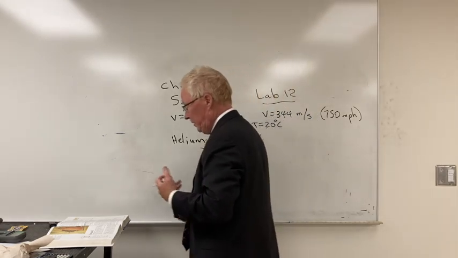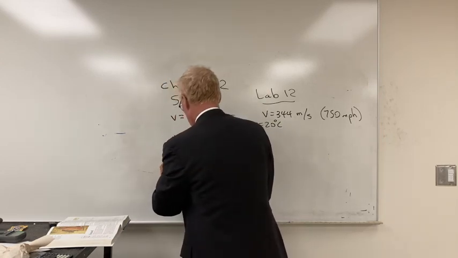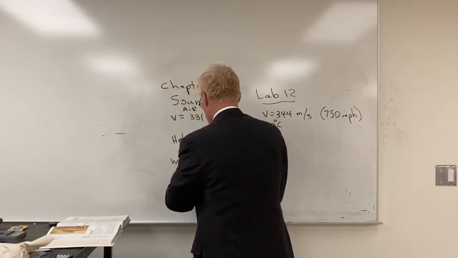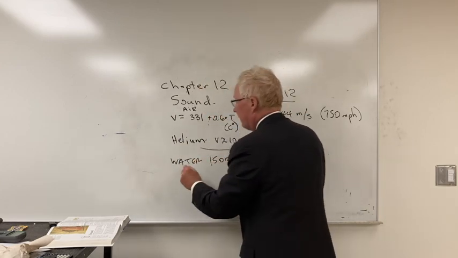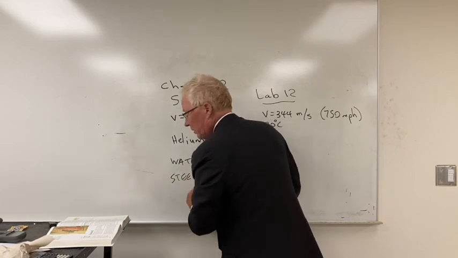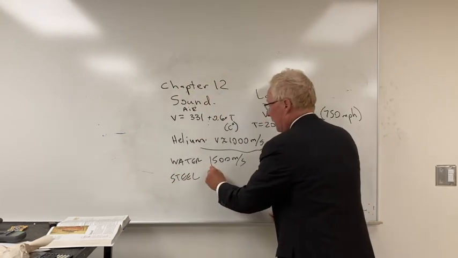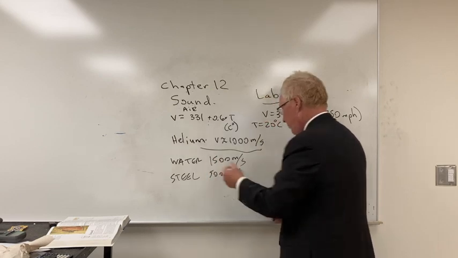And in other materials, such as water, it's about 1,500 meters per second, and in a solid like steel, it's on the order of 5,000 meters per second, or 3 miles per second.